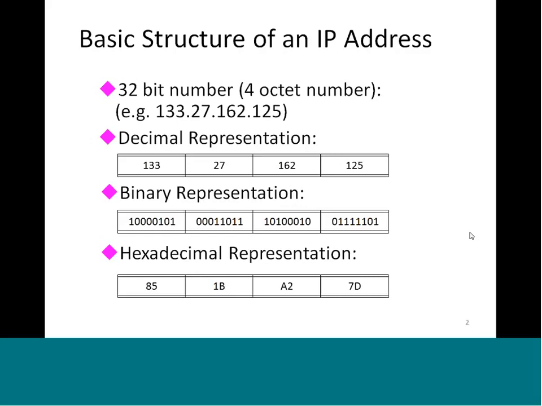So people simply say it as one number: 851B A27B. Some licenses are tied to the hexadecimal representation. If you have a license for any software, the software vendor may ask you for the host name where you're hosting this license, in the form of this hexadecimal representation.